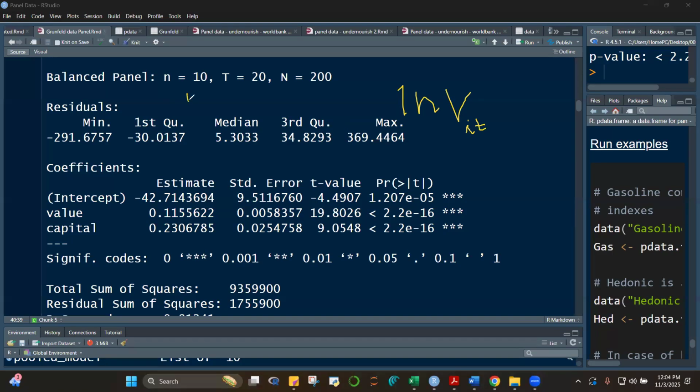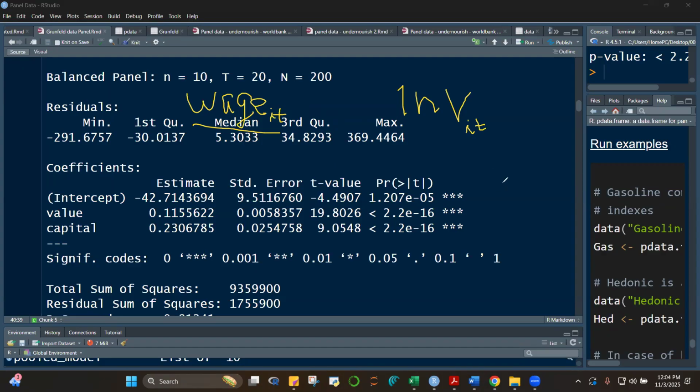When we did our wage data last time, it's only wage sub I. The I here refers to the individuals or the units. So since the wage data that we used before did not have any time component because it was a cross-sectional data, the time did not vary.